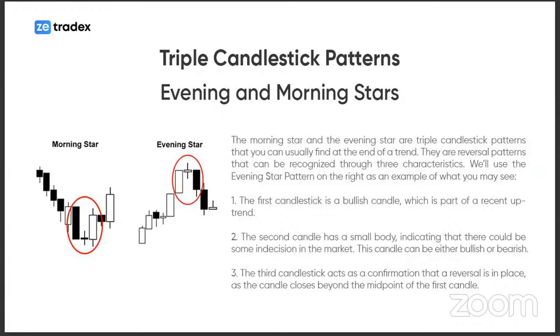This candle can be either bullish or bearish as the case may be. The third candlestick acts as a confirmation that a reversal is currently in place, as the candle closes beyond the midpoint of the first candle. So we're going to see more hints about triple candlestick patterns as we move ahead. Next page, please.